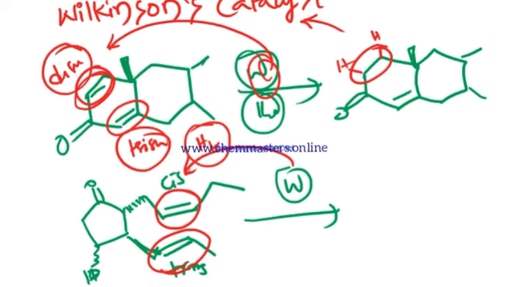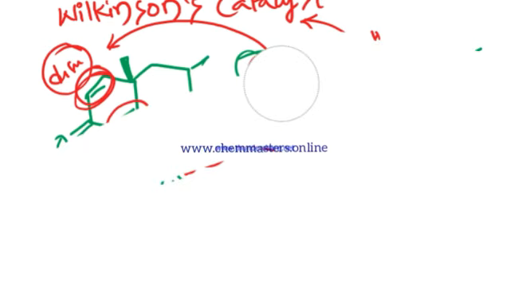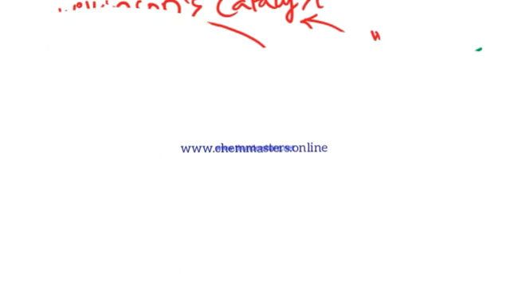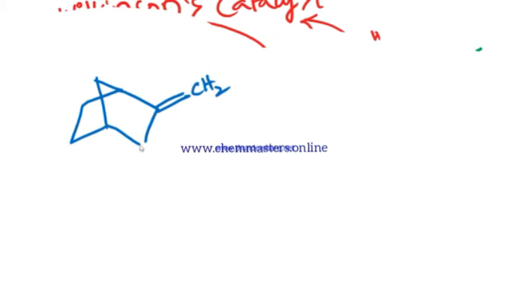Right, now just take the stereoselectivity of Wilkinson's catalyst. Here just take an example. Here we have taken a carbocycle with a CH2 olefin functional group, and here we have CH3.